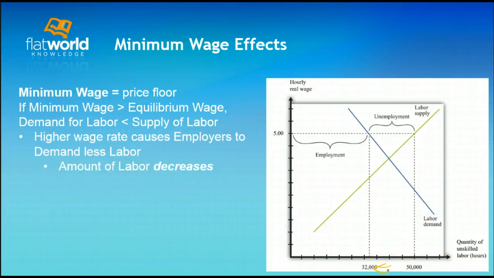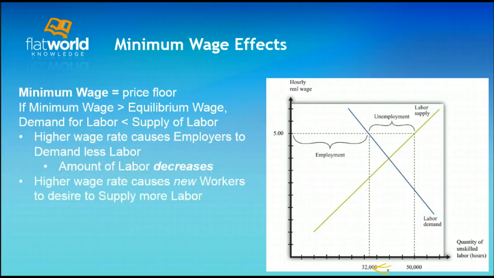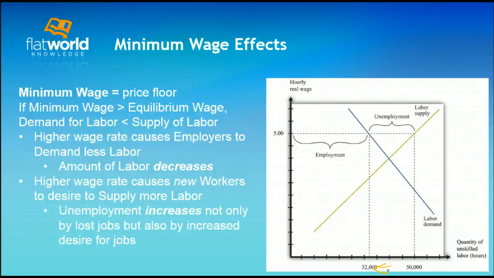The amount of labor, or the amount of employment, decreases. The higher wage rate also causes new workers to supply more labor, or at least they want to supply more labor. Workers who may previously not have been involved in that labor market, which means unemployment increases not only because employers laid off 8,000 hours worth of labor, but also because there was 10,000 hours of increased desire to supply labor.